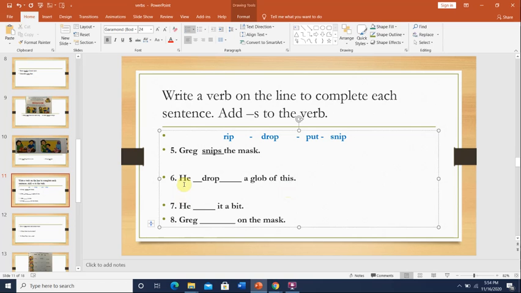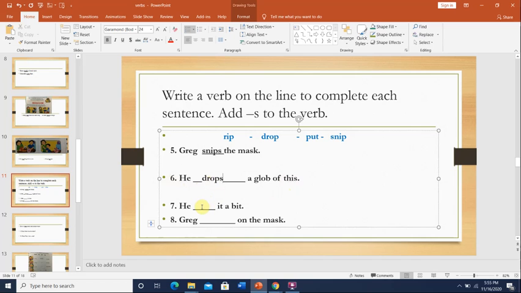No. He is only one person, and we will add an S to the verb to show that this is happening now. He is in the present tense. He drops a globe of glue. Okay, so when we add an S to the verb, it shows you that it's happening now.